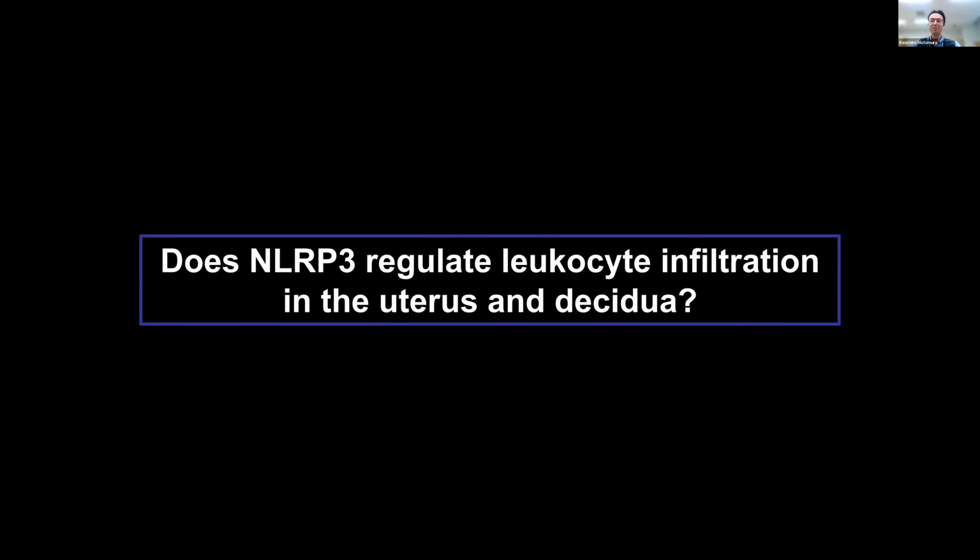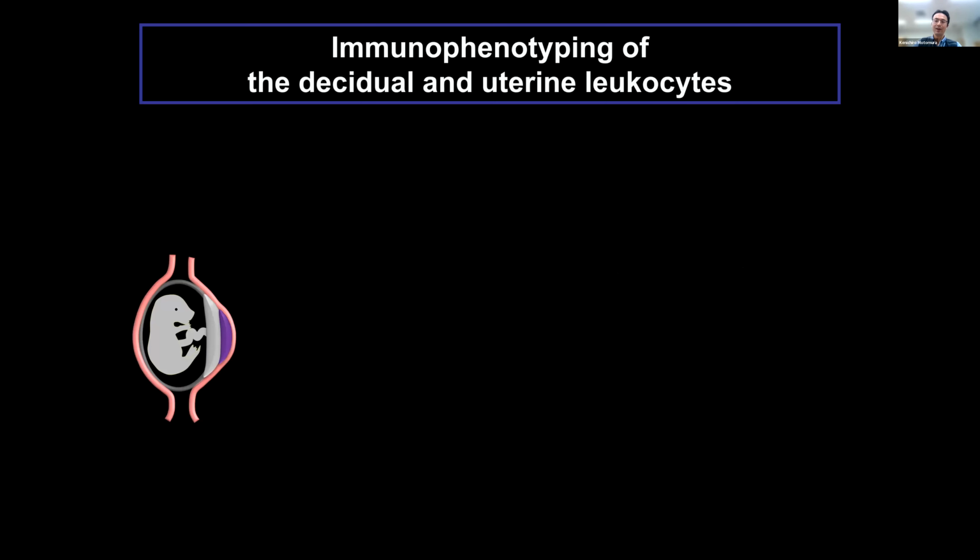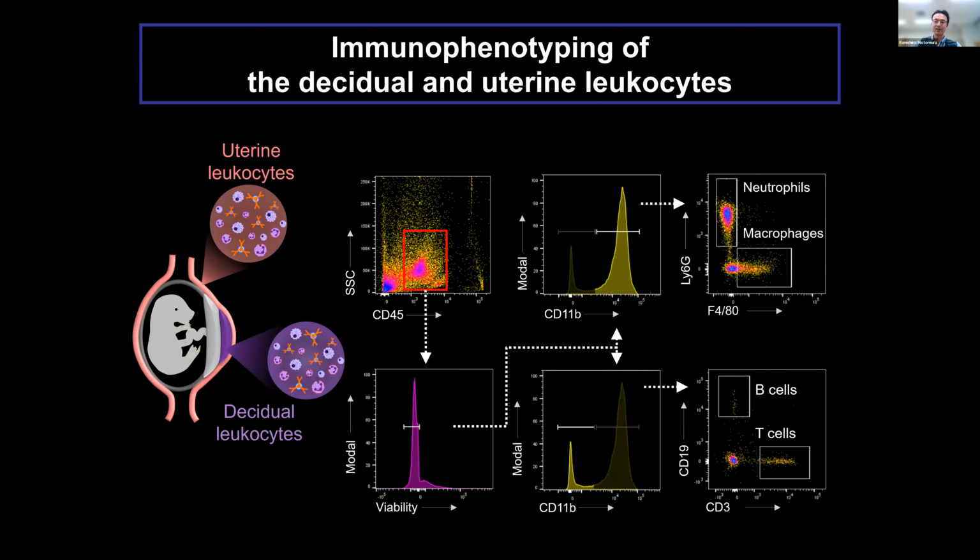Another important component of the labor process is the infiltration of leukocytes into the uterine and decidual tissues. Therefore, we next investigated whether NLRP3 regulates leukocyte infiltration in these tissues. We isolated leukocytes from the uterus and decidua of wild-type and NLRP3 deficient mice injected with LPS and performed immunophenotyping.